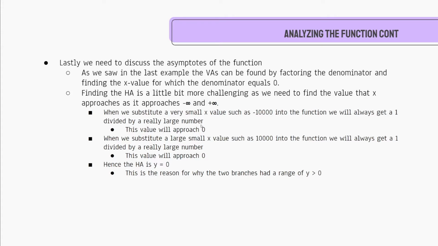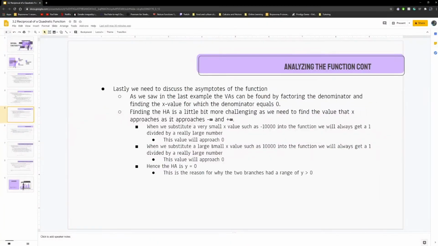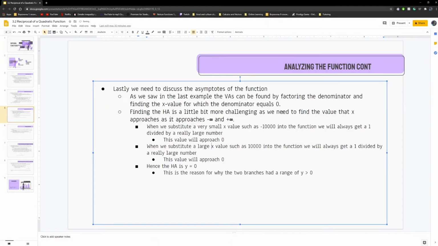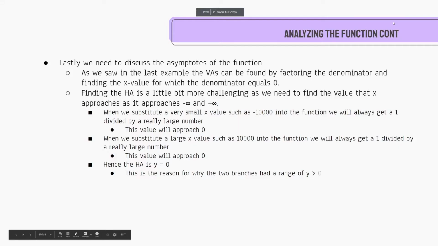The same thing happens when we use a very large value for x, such as 10,000 or 100,000. Again, we're going to be dividing 1 by a very large number, and again, this value will be approaching 0.